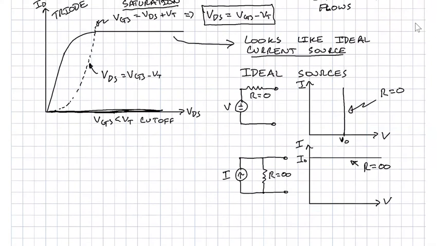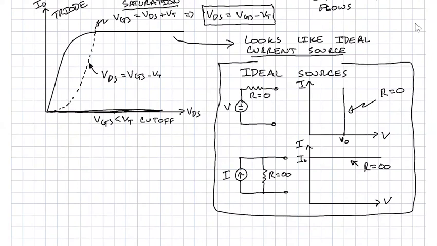And the sources you use in the labs are relatively ideal. So if you're using a power supply, that's basically an ideal voltage source. It'll give you as much current as it can until something pops or blows up.